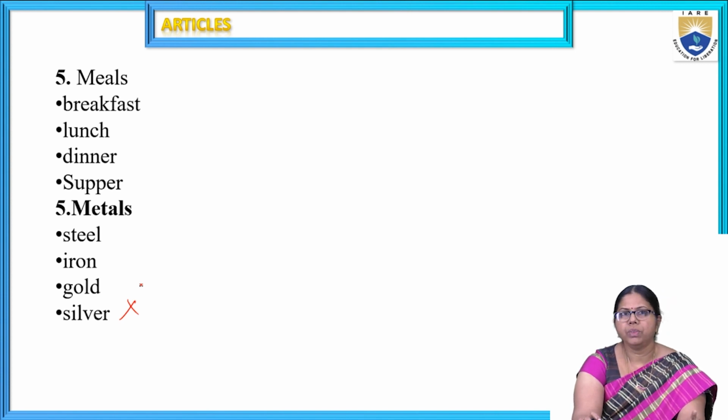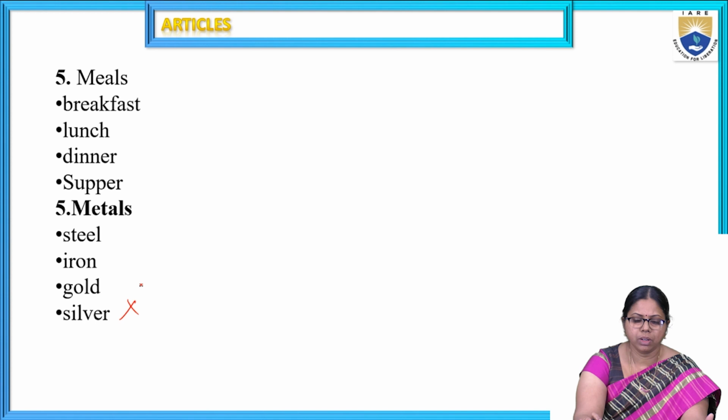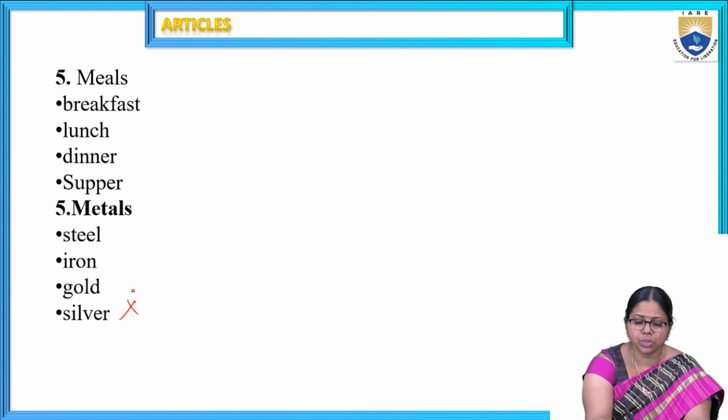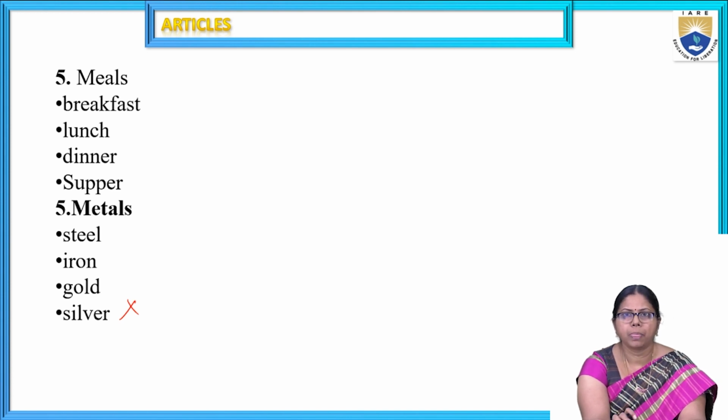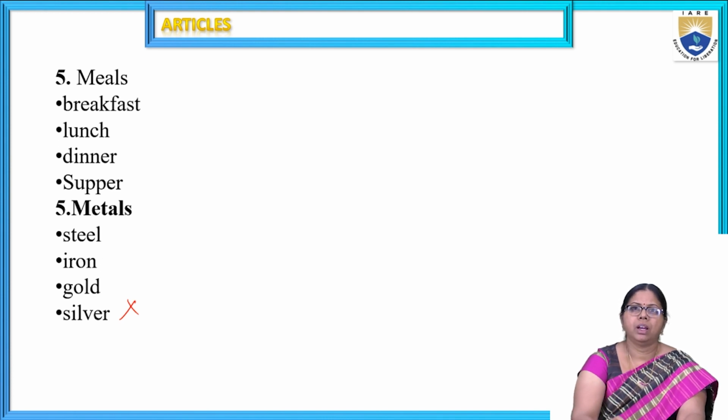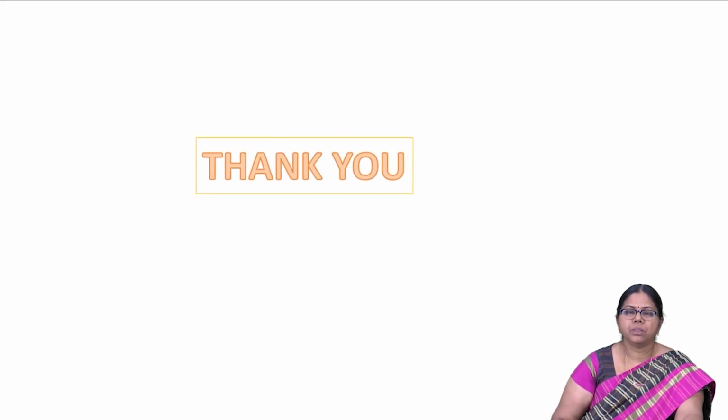But in general, when you are referring to gold, gold is a costly metal, so we do not use any article. In general, when speaking about steel, iron, or silver, we do not use any articles. But when you are specific about a metal available in a particular place, then we can use articles. So these are the situations where we have to use the articles a and an.